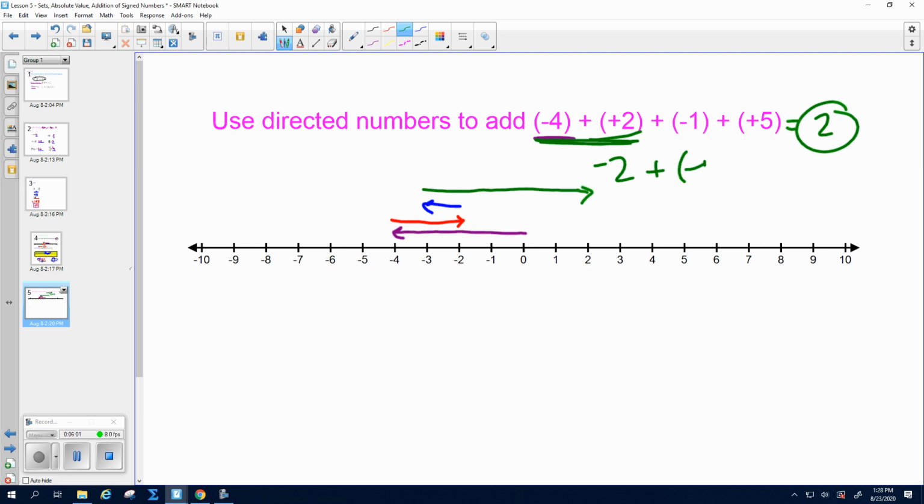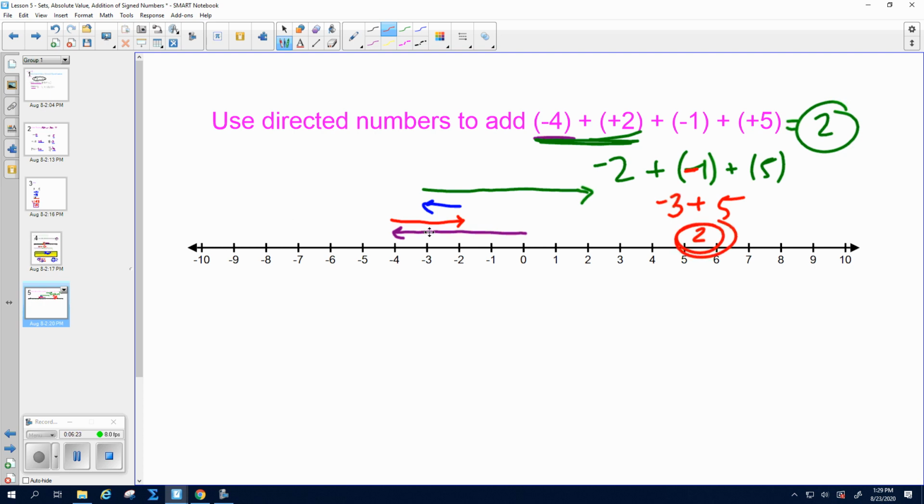Now I'm going to do it from left to right because that's order of operations. This is a -1, sorry. So -2 plus -1 is -3. And I still have to add the 5. Now -3 plus 5 is +2, which is the same thing I got by doing this number line.